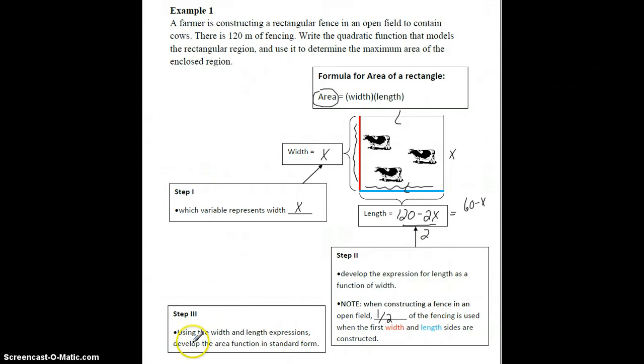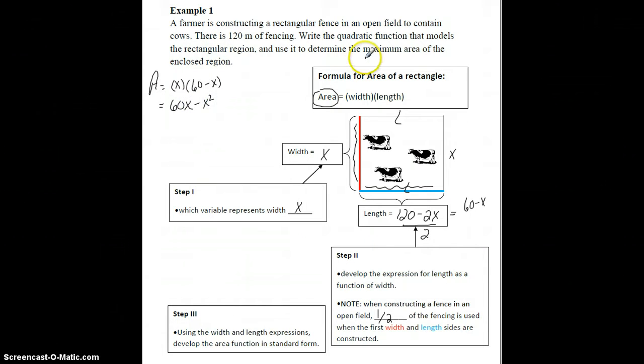And using width and length expressions, develop the area function in standard form. Right? So the area is our width, x, times our length, 60 subtract x. X times 60, 60x. X times x, negative x squared.